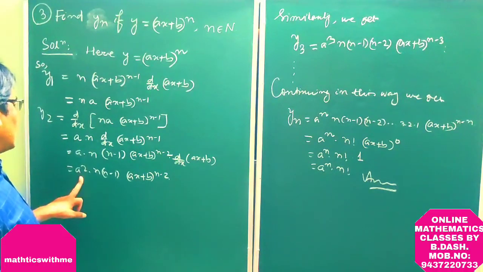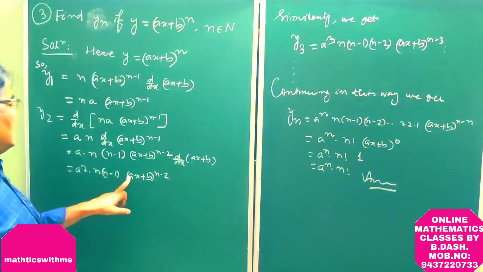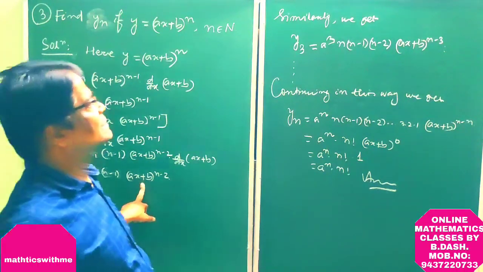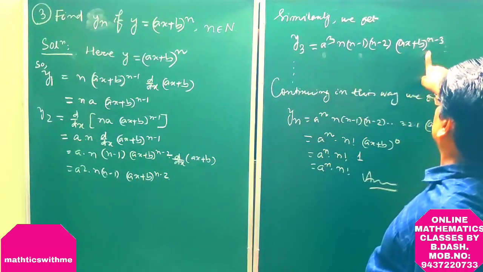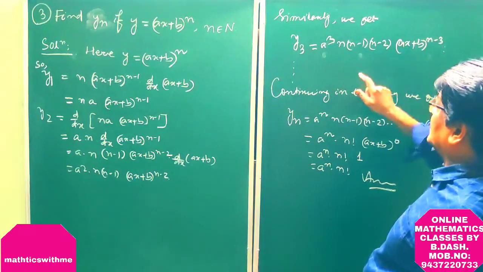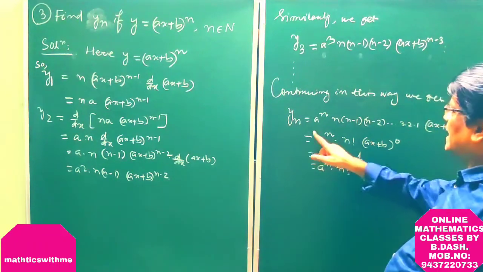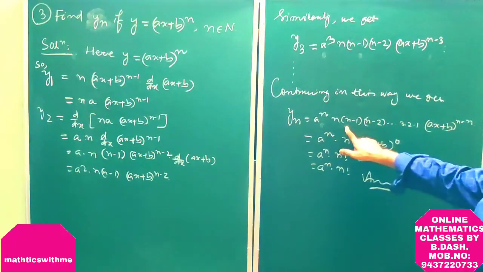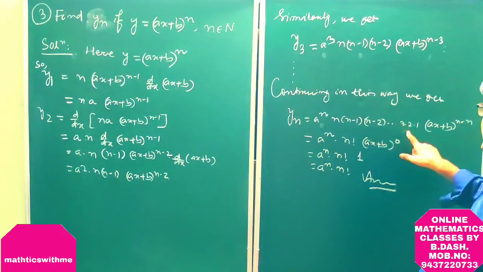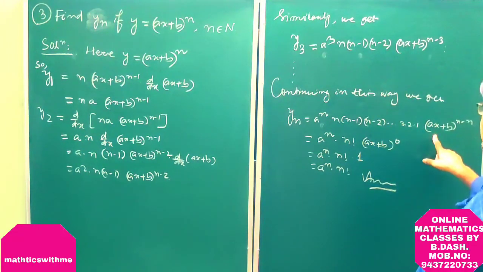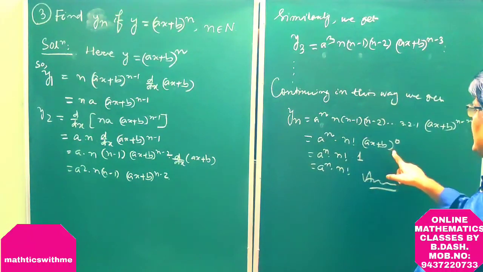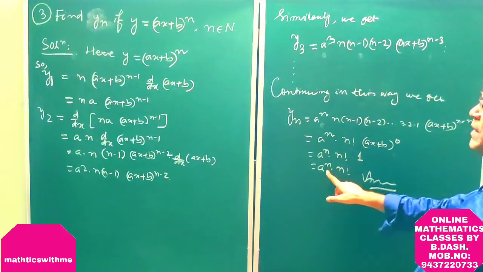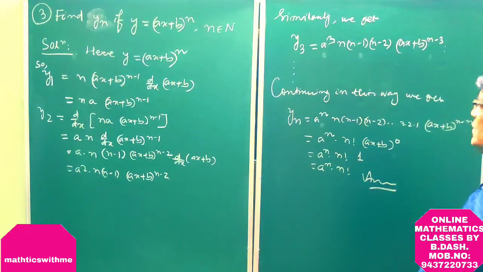So a into a gives a squared, n(n-1)(ax + b)^(n-2). Similarly, we get y3 is equal to a cubed n(n-1)(n-2)(ax + b)^(n-3). In this way, continuing, we get yn is equal to a^n times n(n-1)(n-2) up to 3, 2, 1 times (ax + b)^(n-n), which is a^n times n factorial times (ax + b)^0, which is a^n n!.